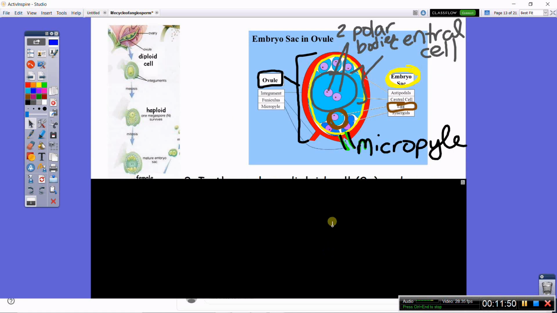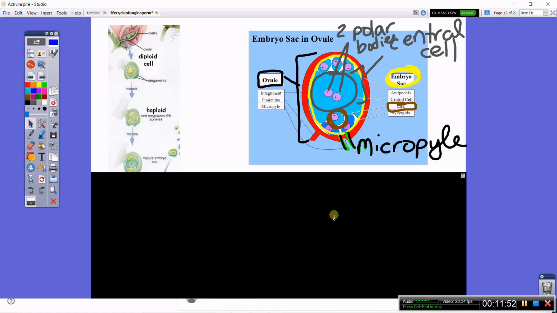Let's keep going. All right, so I've got kind of a crazy picture here. Hopefully you have the same picture. If not, you may want to draw that. Okay, so this would be an ovule down in the ovary of the flower. Okay, so this entire structure is the ovule.